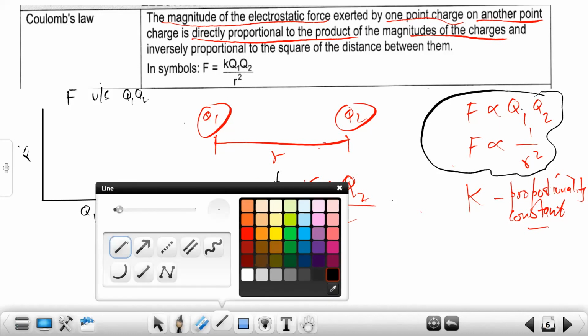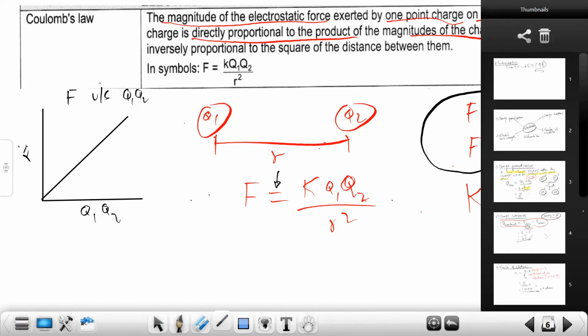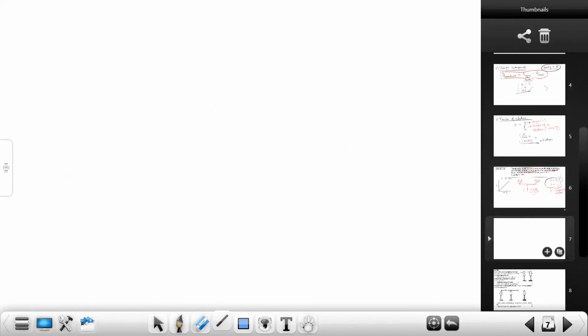So this will allow me to have a line that starts here at the origin and moves constantly throughout. So this will be my first graph, because of the directly proportional relationship. So the increments should be the same throughout. So allow me to duplicate this.